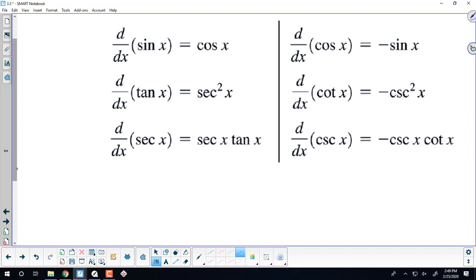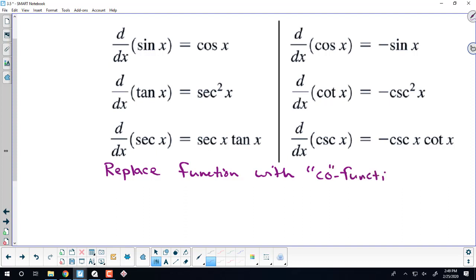And the mnemonic that sort of works here is: replace the function with its cofunction, and negate the derivative.